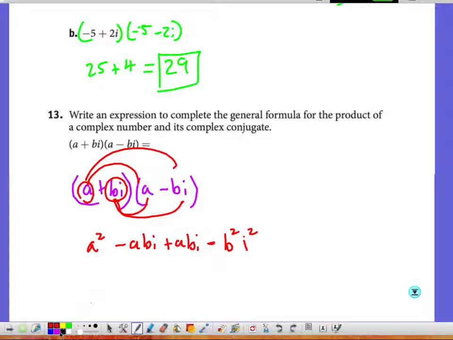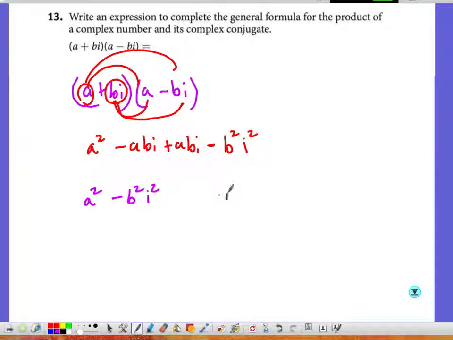So we get a squared minus b squared times i squared. Again, i squared is equal to negative 1. And so we have a squared minus b squared times negative 1. Negative b squared times negative 1, well, that's going to be positive b squared.